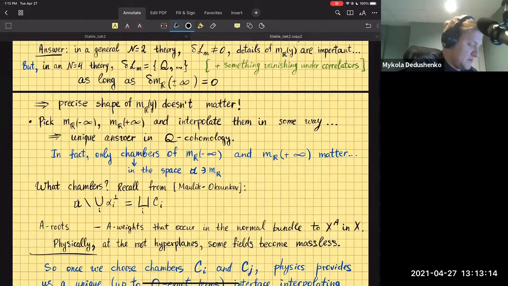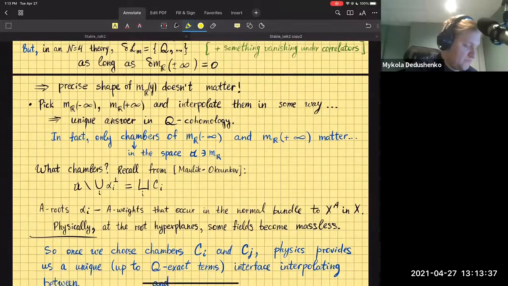And here these roots, according to them, are just the A weights that occur in the normal bundle to X^A, the fixed point locus inside of X. Right? So just look at the normal bundle to X^A inside of X. A acts there in a certain way, and it gives you the set of roots.